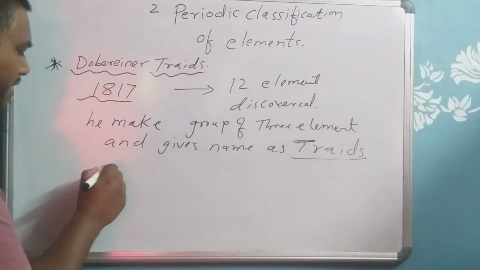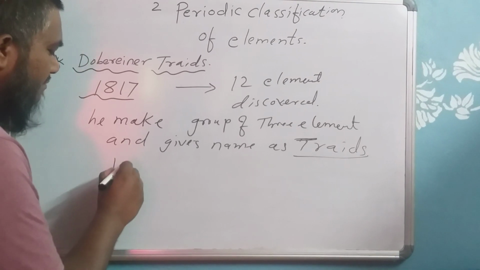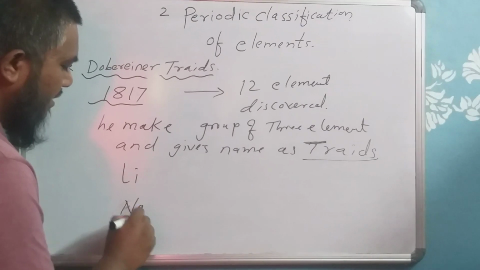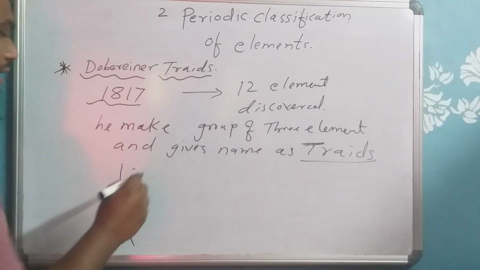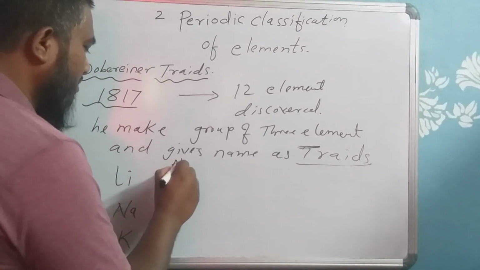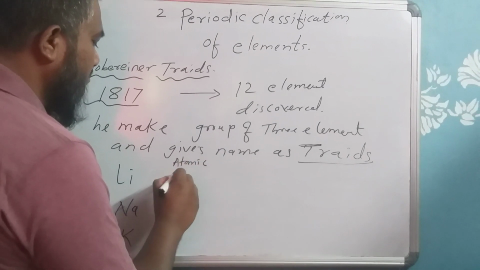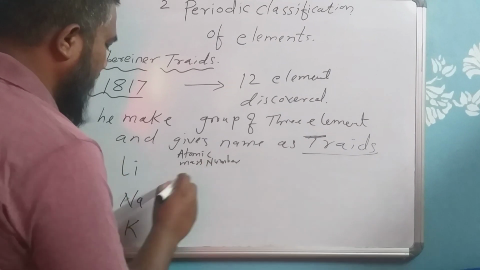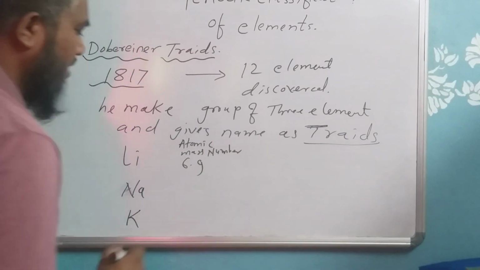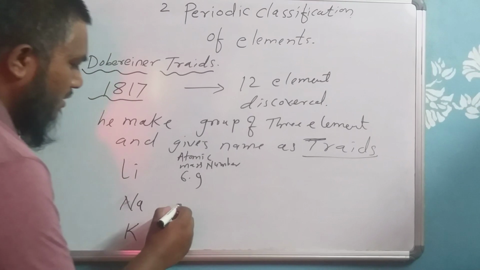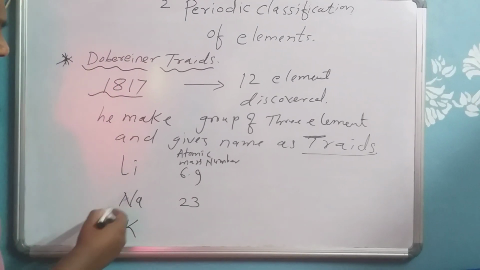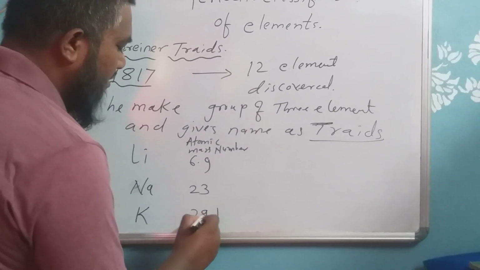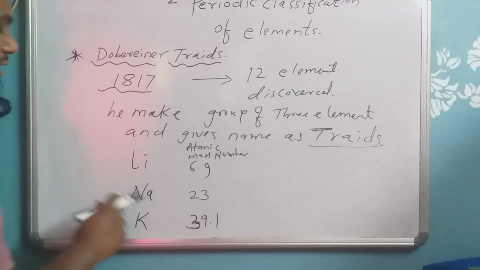He arranged the elements like this: lithium Li, sodium Na, and potassium K. He considered the atomic masses: 6.9 is the atomic mass of lithium, 23 is the atomic mass of sodium, and 39.1 is the atomic mass of potassium.